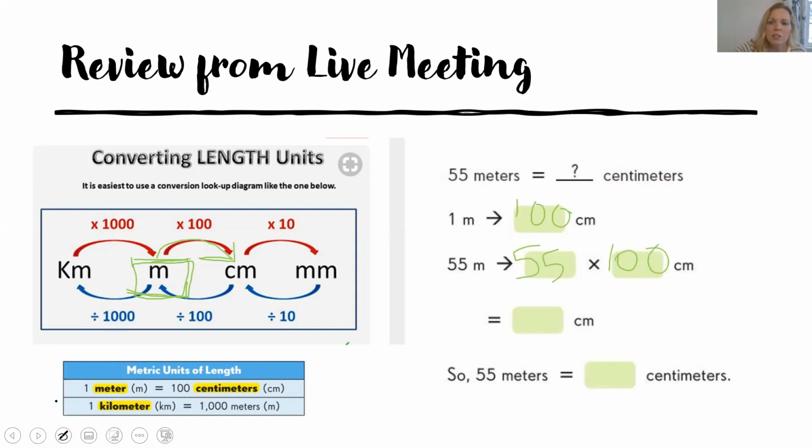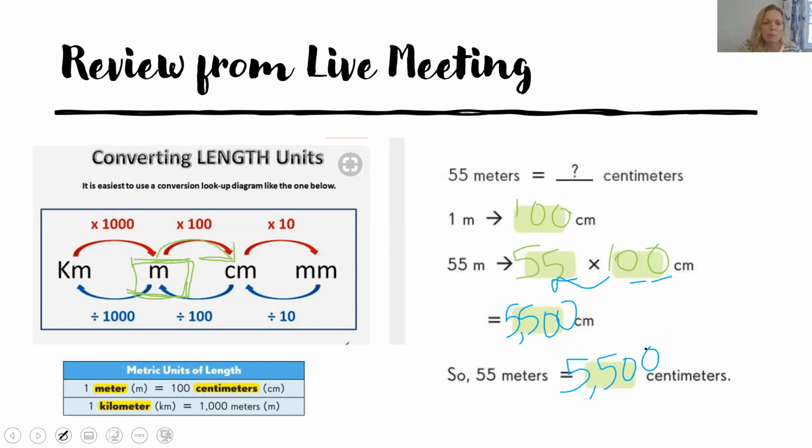we can use our zero math trick. Hold on to those for later. 1 times 55 gives me 55, add back in my zeros, and I have 5,500 centimeters.